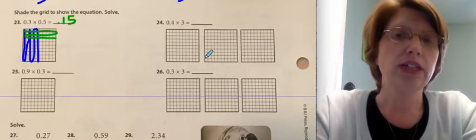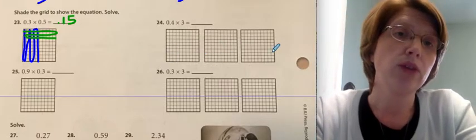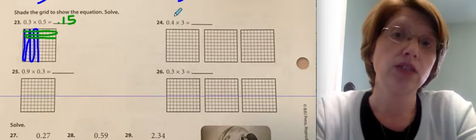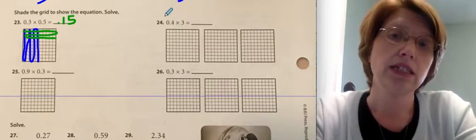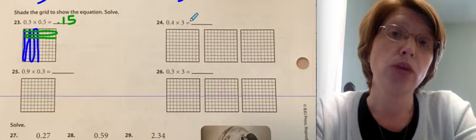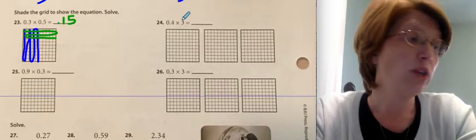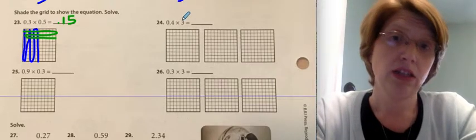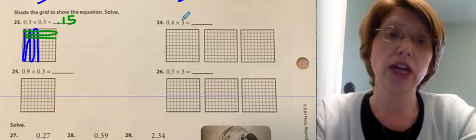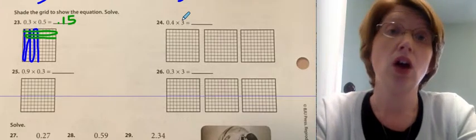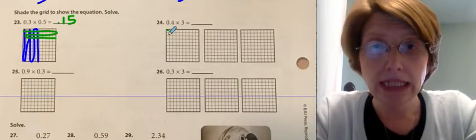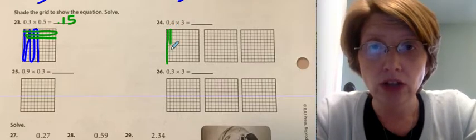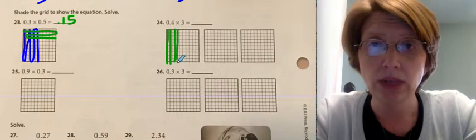Now, here's the difference. Why do I have 3 grids on this one? Because it's 4/10 of 3, and that's a whole number 3. So it's not a part of a part, it's a part of a whole number. So that means that I am going to color in 4/10 on this one.